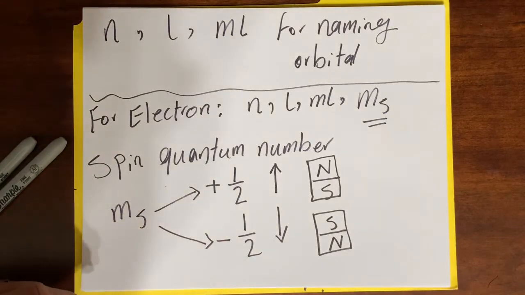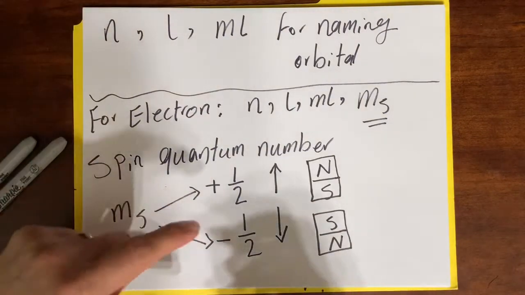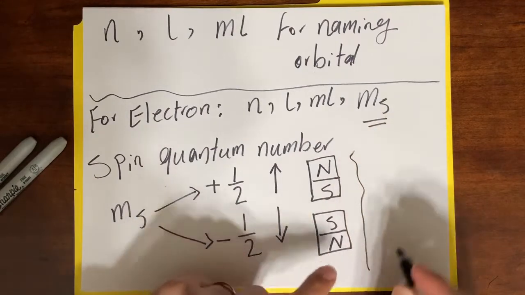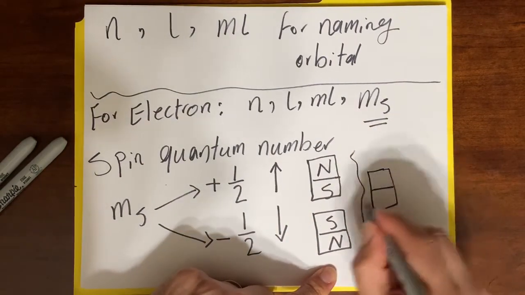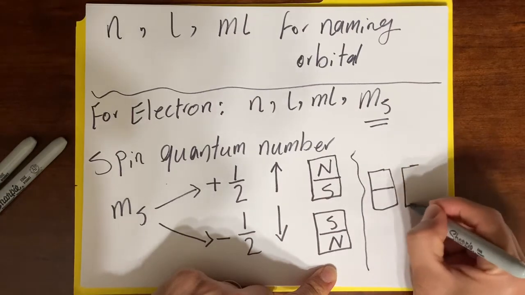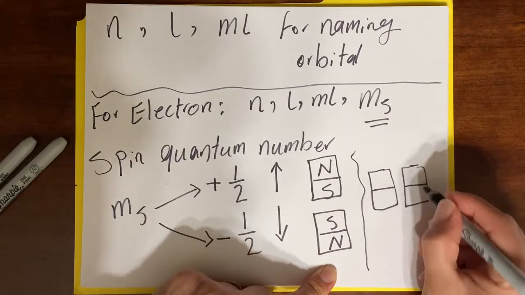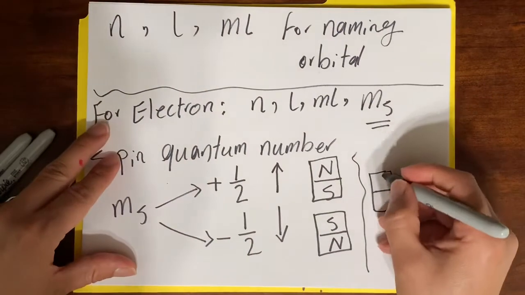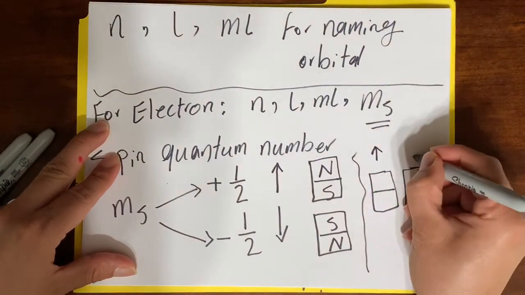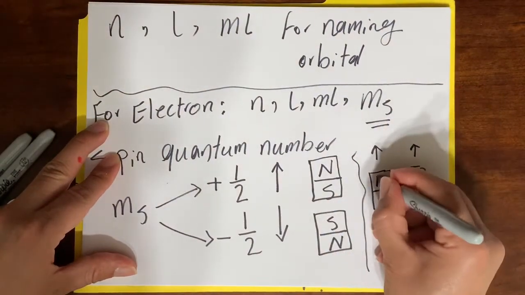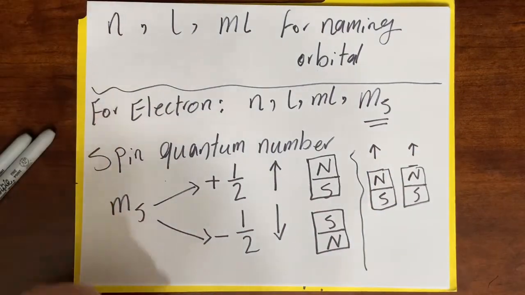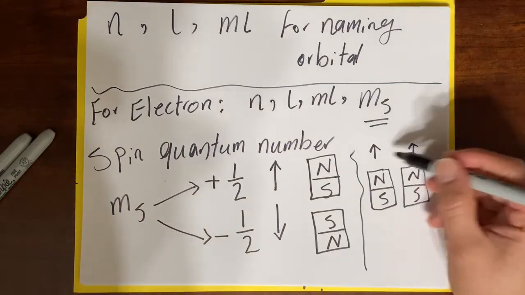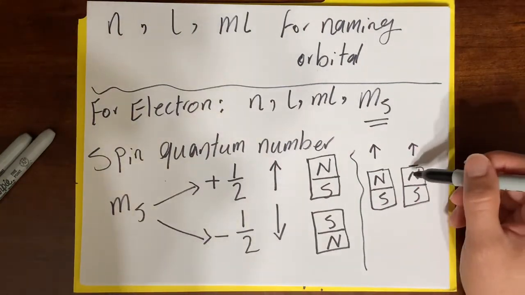If you put 2 magnets that both are pointing up, you will have NS, NS. These 2 magnets will repel each other.